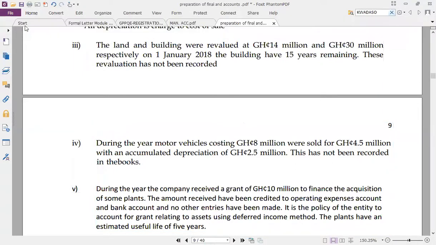Then step 3, the removal. Make sure that the details of the disposed assets are removed or eliminated from the books. So from cost, from accumulated depreciation, then you are done. These are the 3 steps that you have to go through.